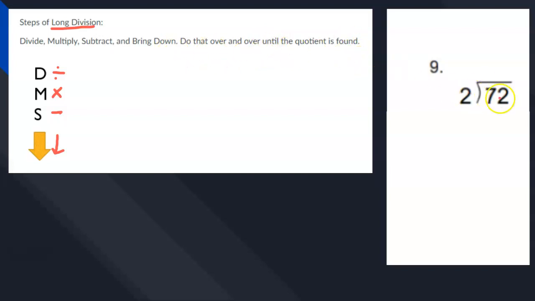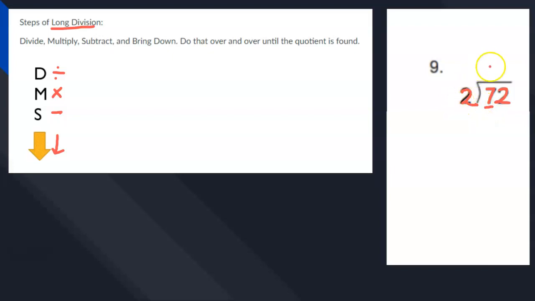Okay, where do I start? I have to divide. I'm looking at 72 first, and I read this as 72 divided by 2. So the first thing is, look at my number here.